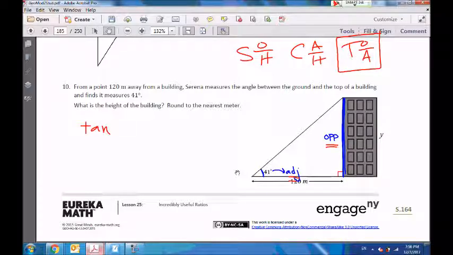And the tangent of 41 degrees is equal to the opposite length divided by the adjacent length. Now, you can use your calculator to find the tangent ratio.